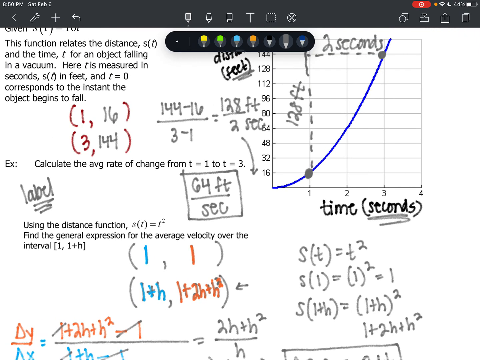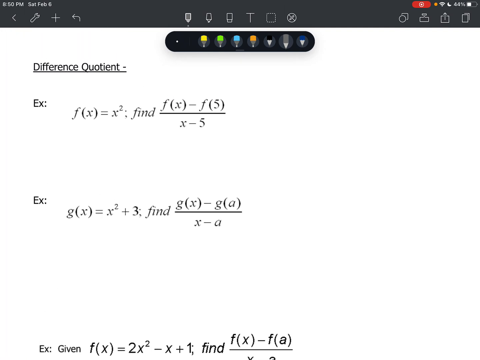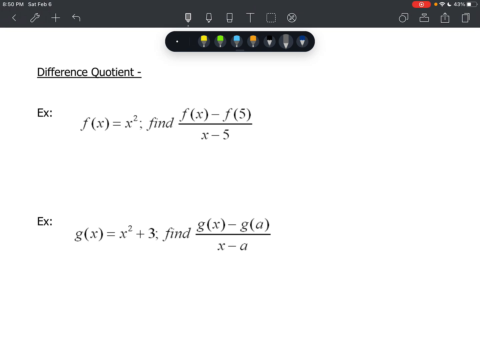Now that gets us into this difference quotient. Since we're working with variables here, the difference quotient is just an average rate of change. Right? It's just an average rate of change. So here we've got our function defined, f of x equals x squared.